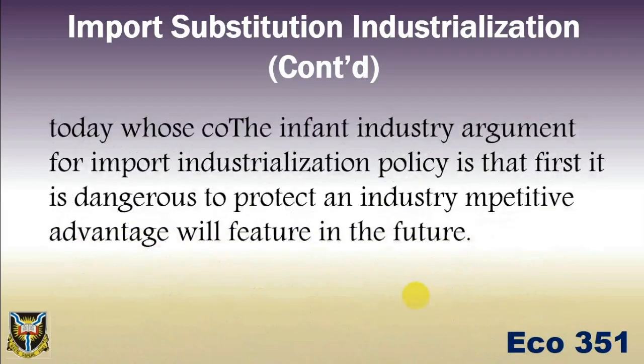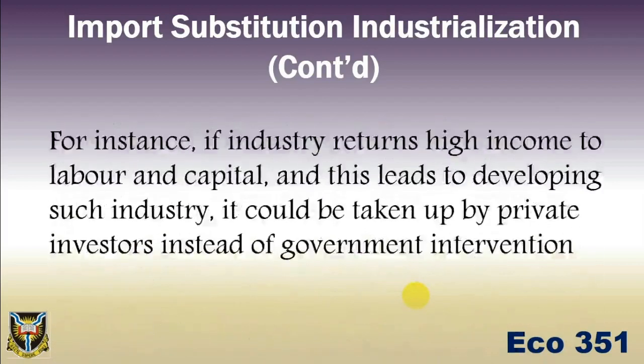The criticisms of the infant industry argument for import substitution policy are that, first, it is dangerous to protect an industry today whose competitive advantage will feature in the future. Second, protecting the sector is bad unless the protection itself leads to competition. Third, and finally, government intervention is required only when there is market failure, even though it takes time and is costly to build giant factories.